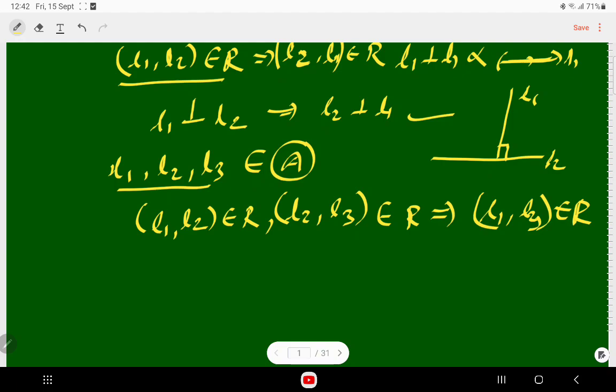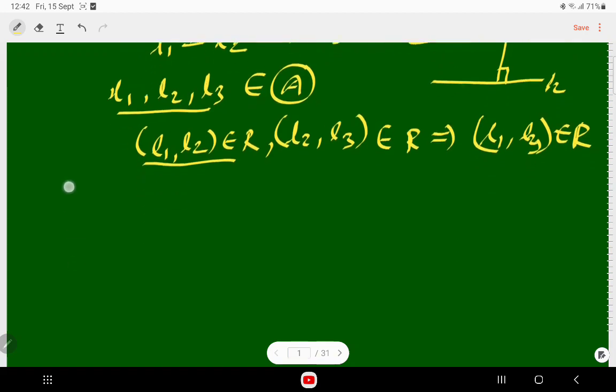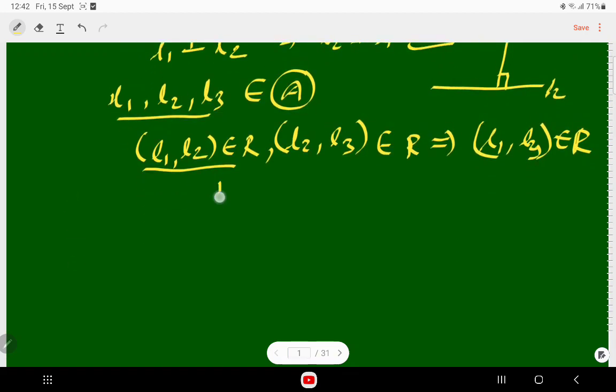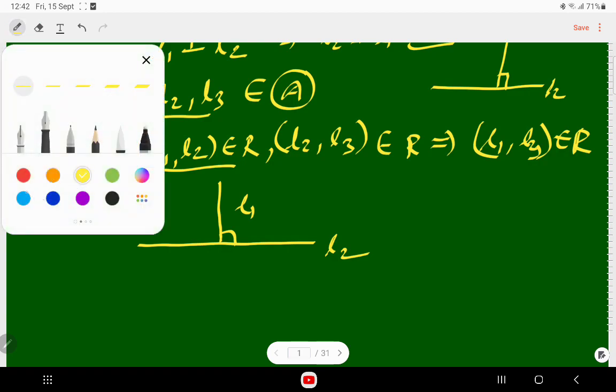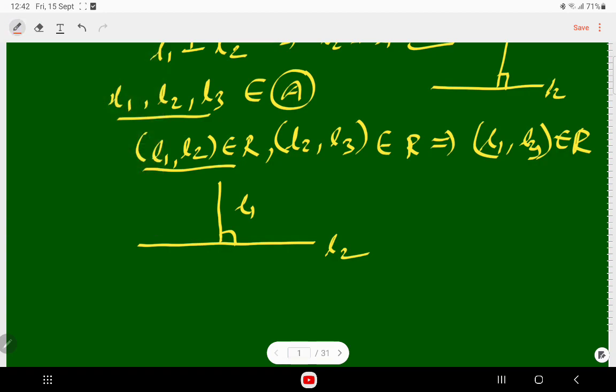We have to find this. What is the meaning of (L1, L2) belongs to R? Take a line L1; L1 is perpendicular to L2. Now take one more line L3, so the second ordered pair (L2, L3) is also in R, meaning L2 is perpendicular to L3.